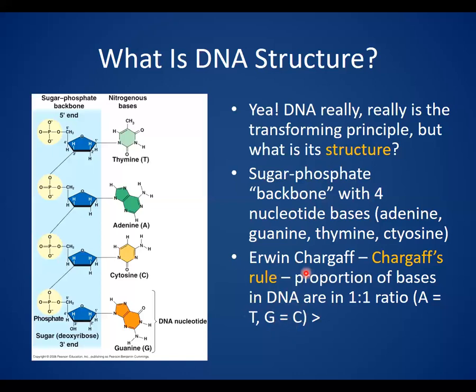And this became called Chargaff's rule because he kept seeing it in sample after sample, plant, animal, bacteria, you name it. A was equal to T and G was equal to C. And so it became apparent that whatever structure DNA actually had, it had to explain Chargaff's rule, why he saw this.